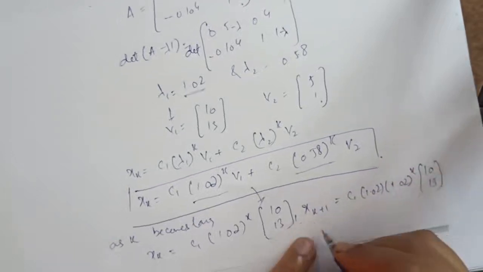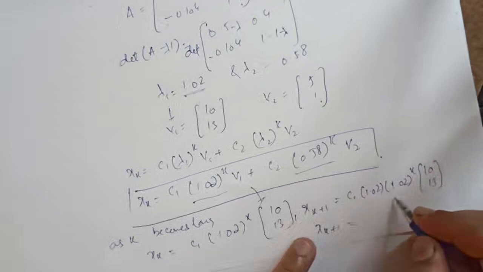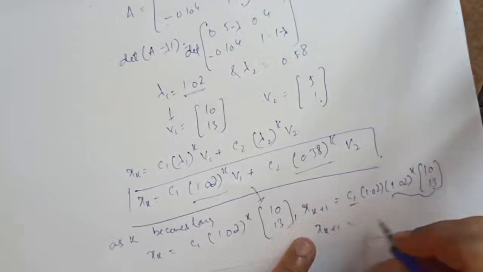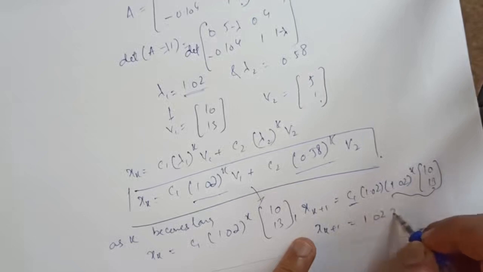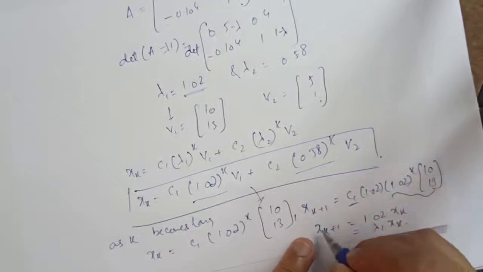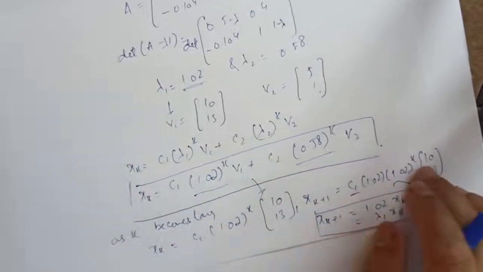So this can be written as x of k plus 1, which is nothing but the previous state times 1.02, or in this case lambda 1 times x of k. So the steady state behavior when k becomes large is dominated by the first eigenvalue.